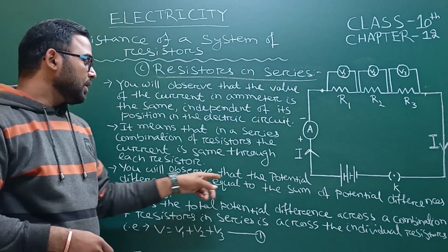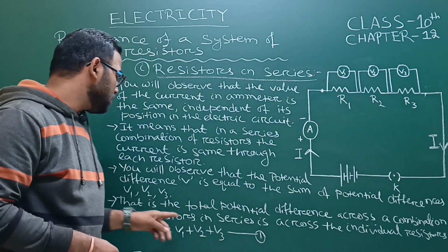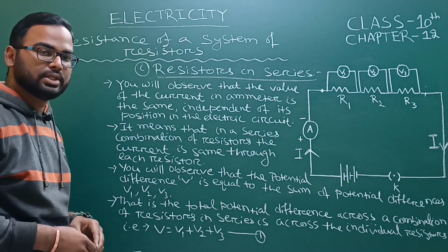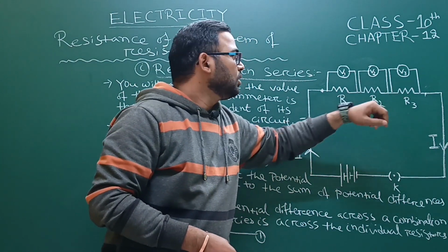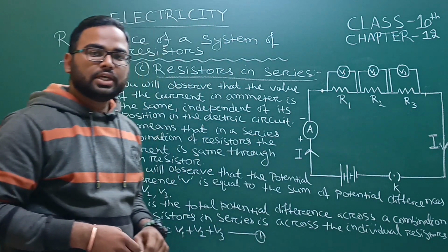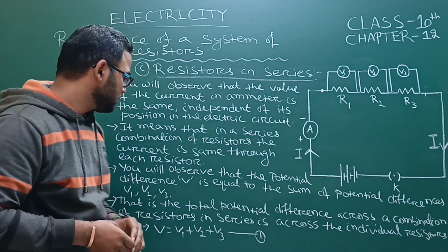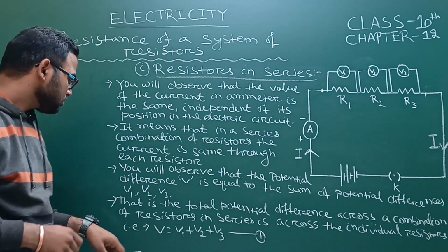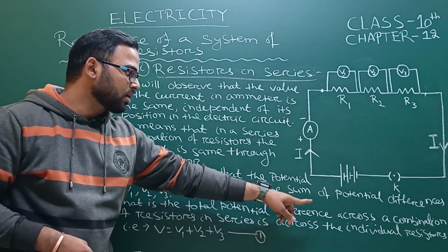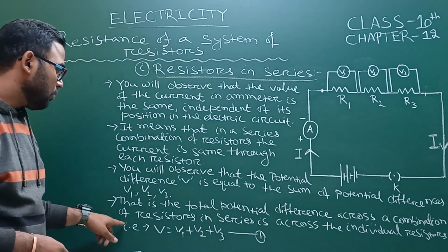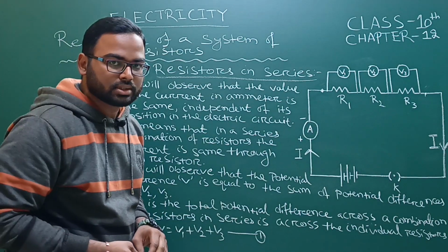You will observe that the potential difference V is equal to the sum of potential differences V1, V2, V3. We have connected three voltmeters, and the sum of V1, V2, V3 gives the total potential difference in series connection. That is, the total potential difference across a combination of resistors in series is the sum of the potential differences across the individual resistors.